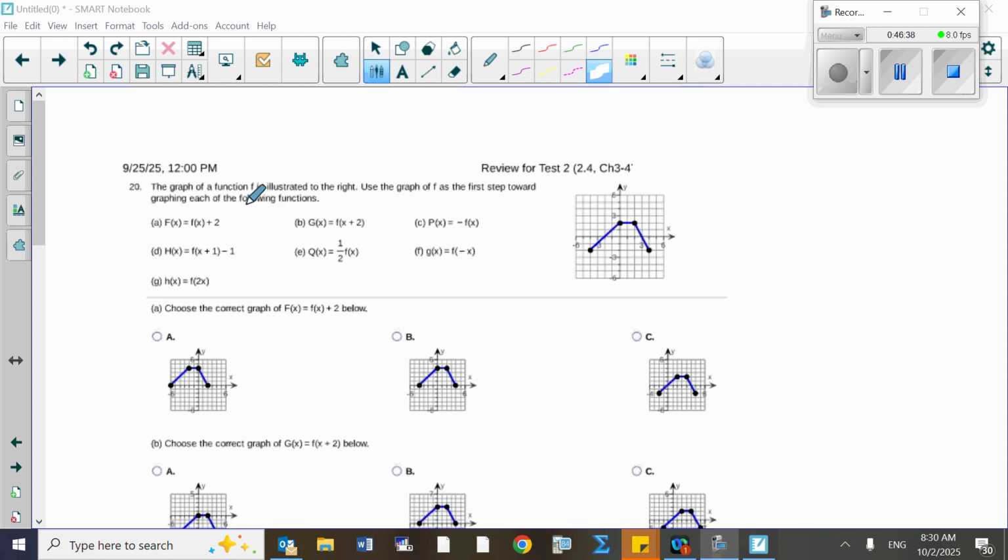Okay, so next question, we want to look at this graph and find the graph of the transformed function. This one is f of x, plus 2. That means it has been moved up 2. So which graph looks like it has been moved up 2? It looks like it's this one, because this point is at 2, and it has moved 2 points up here. So this should be up 2.